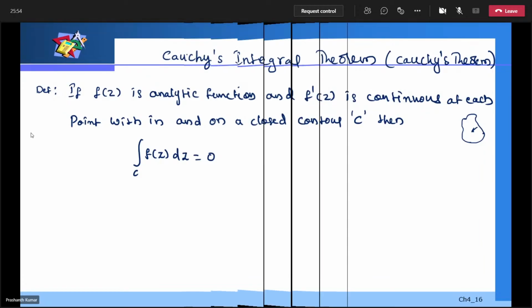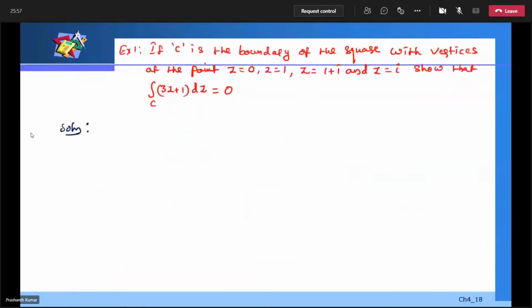Definitely here also you see, this function is an analytic function and the derivative of this function is continuous. Definitely the derivative of 3z plus 1 is 3 only. F dash z is 3, and 3 is a constant function, which means it is a continuous function. Therefore this is satisfying the Cauchy's integral theorem.